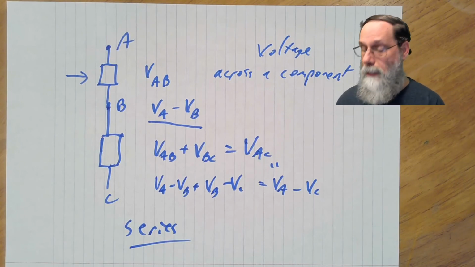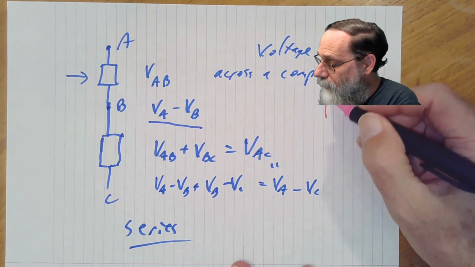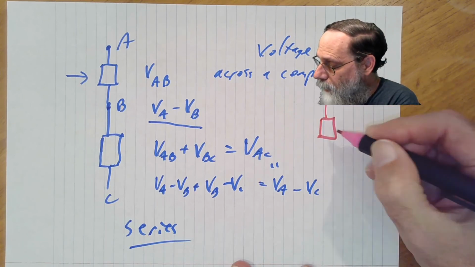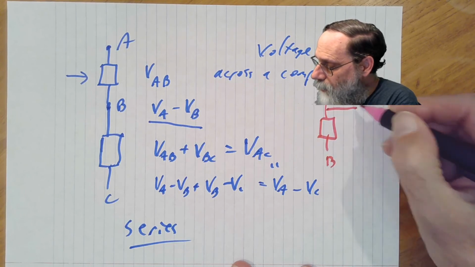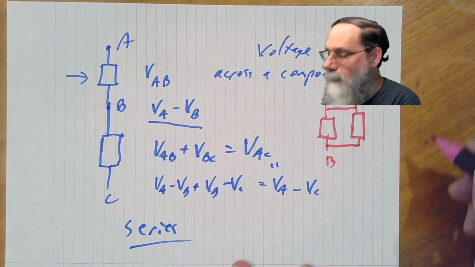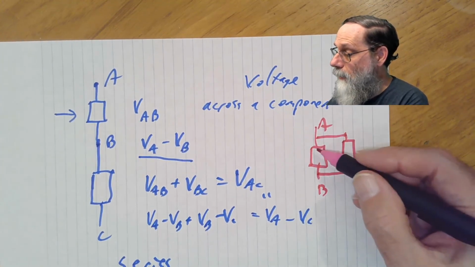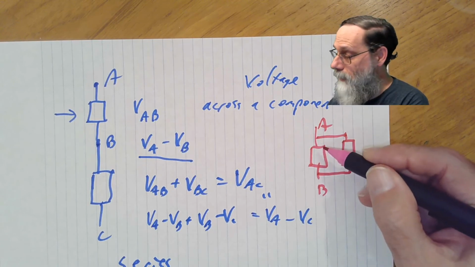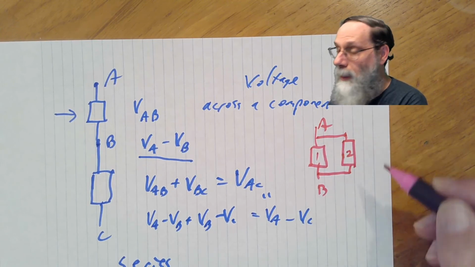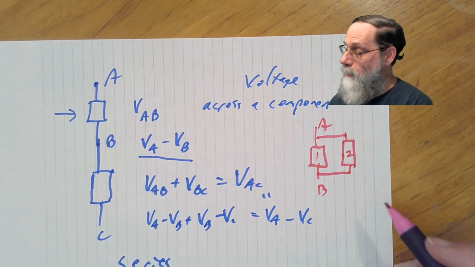We have another common connection that we'll often see in circuits, and that is where we have the component and another one connected up to the same pair of nodes. And here, the voltage across this component, let's say this is component 1 and this is component 2, the voltage across component 1 is the same as the voltage across component 2.